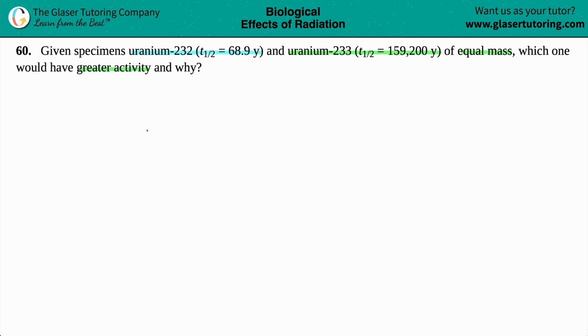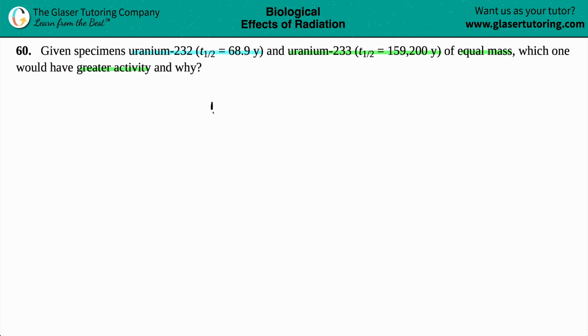Okay, so the first thing is that when you are comparing two different isotopes, they're both uranium, one's 232, one's 233, and we want to find out which one has the greater activity. We don't really pay attention to stuff that is the same or not changing.